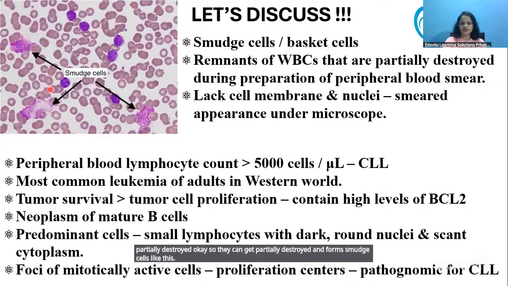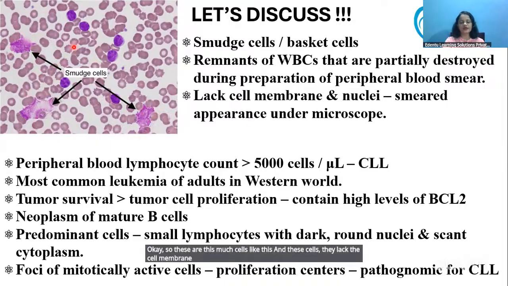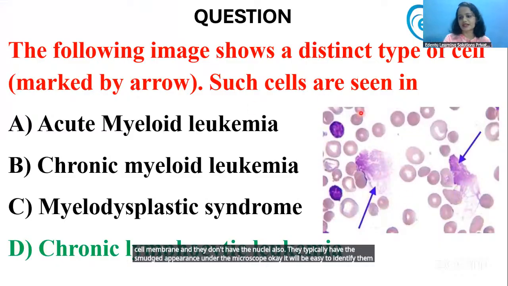These cells lack the cell membrane and they don't have nuclei also. They typically have the smudged appearance under the microscope, so it is easy to identify them.